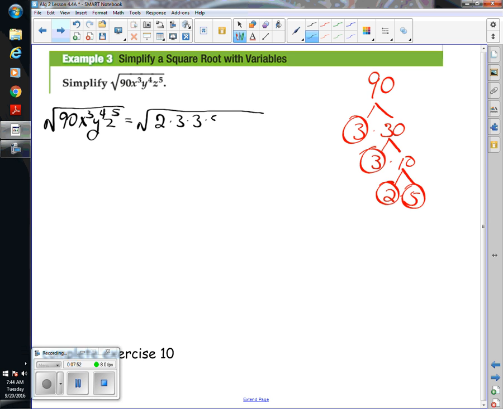Now rather than writing out all of these x's, 3 x's and 4 y's and 5 z's, let's just break these apart into evens versus odds. x to the third, I could think of that as being x squared times x. For example, y to the fourth, well, the fourth is an even power, so I'm just going to keep that as y to the fourth. Now, on the other hand, z to the fifth, I'm going to think of that as z to the fourth times z.